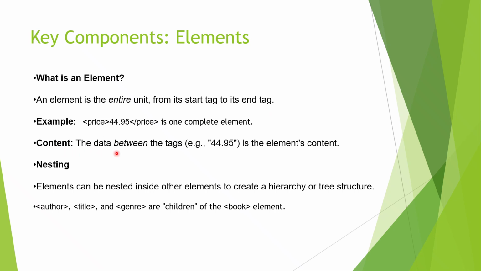Content, the data between the tags like 44.95, is the element's content. Elements can be nested inside each other to create a structure. Like author, title, genre are children of the book element, as we have seen in the example. This parent-child tree structure is key to how XML organizes data.